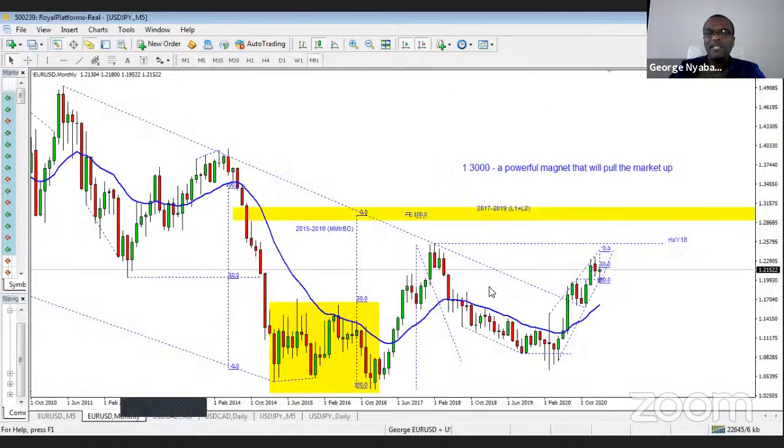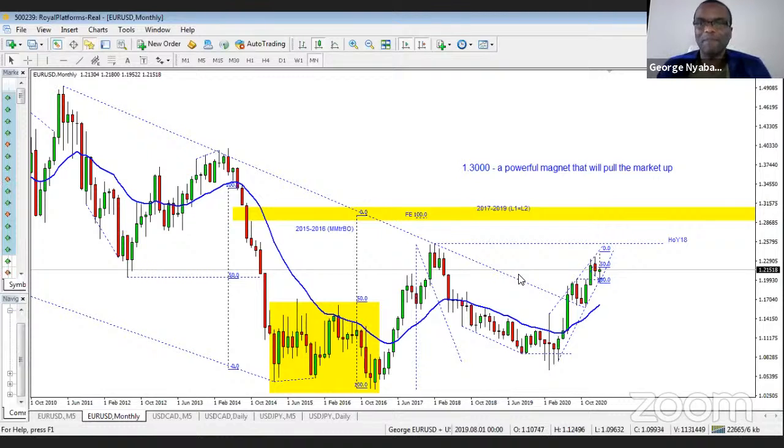While we were looking at the euro and talking about the 1.3 as a powerful magnet that is likely to pull the market up, I explained that my reasoning was firstly the measured move breakout above this yellow triangle, which gets us in the 1.3 zone, and then also the second leg of this first move.